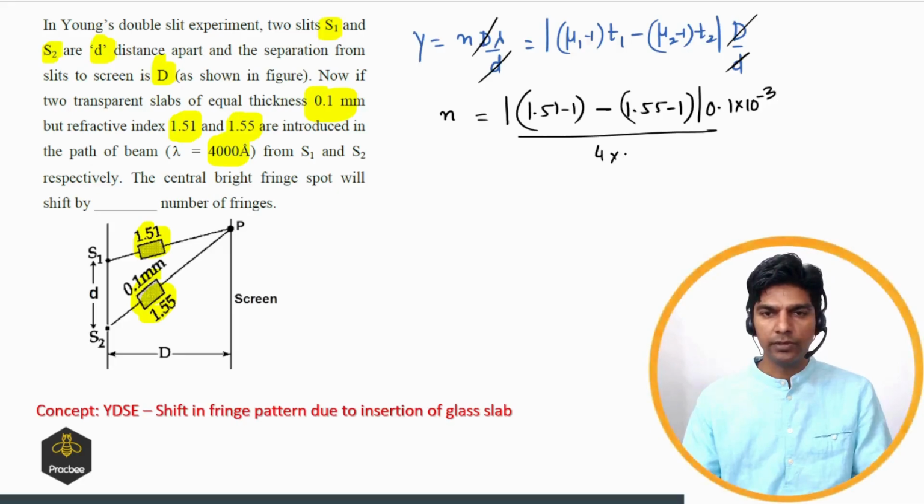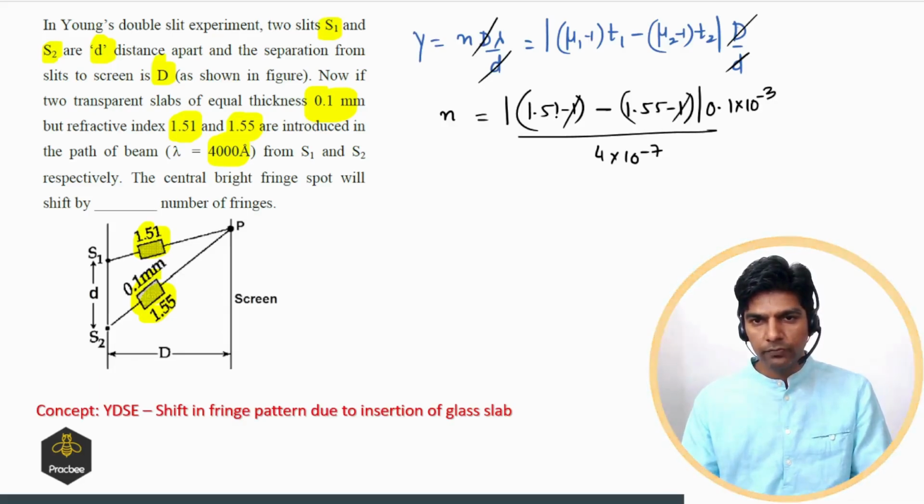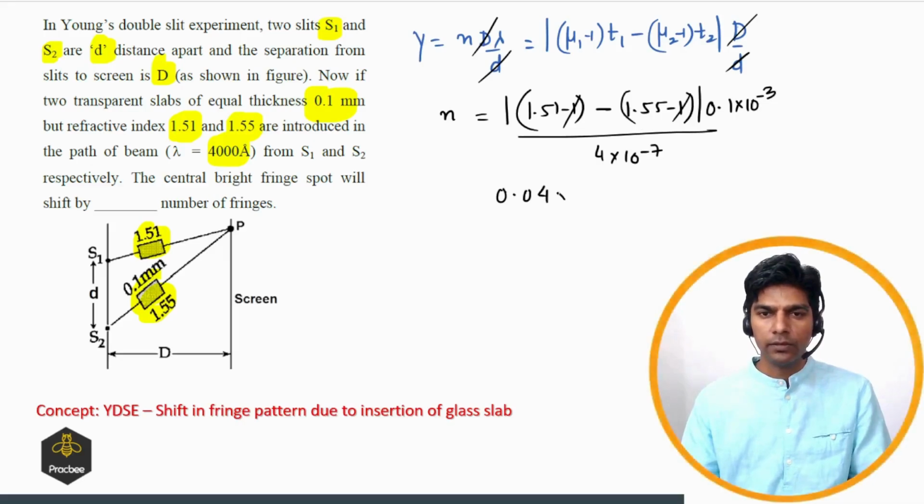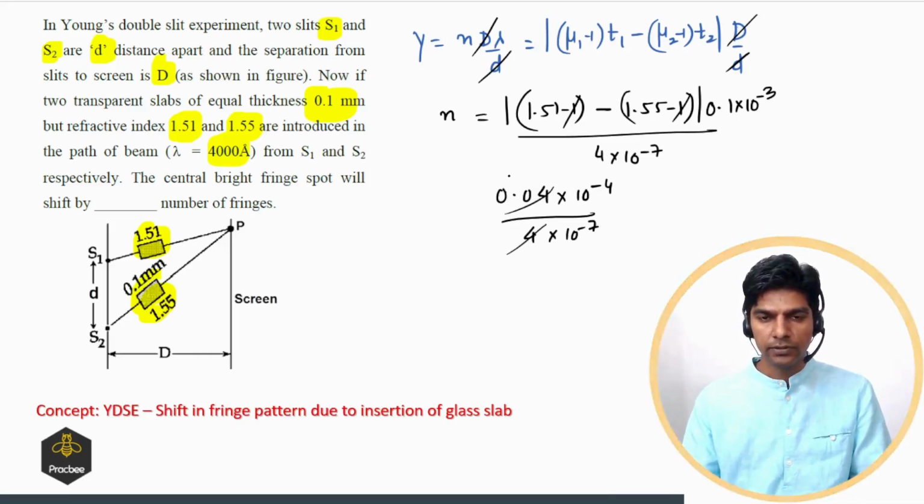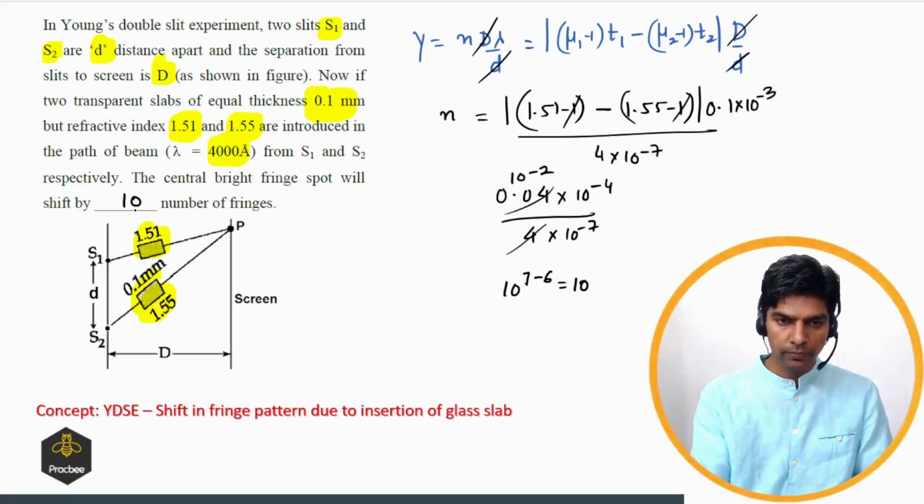Lambda is 4 into 10 raised to power minus 7. So the 1 will be eliminated, so it will be 1.51 minus 1.55, so this modulus comes out to be 0.04 times 10 raised to power minus 4 divided by 4 into 10 raised to power minus 7. So this will give us 10 raised to power minus 2, so 10 raised to power 7 minus 6, so that will be 10. So 10 is the answer of this question.